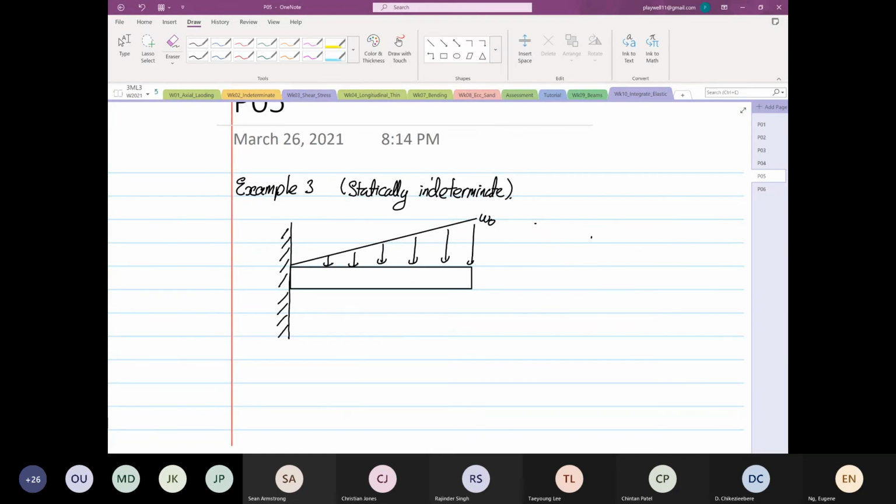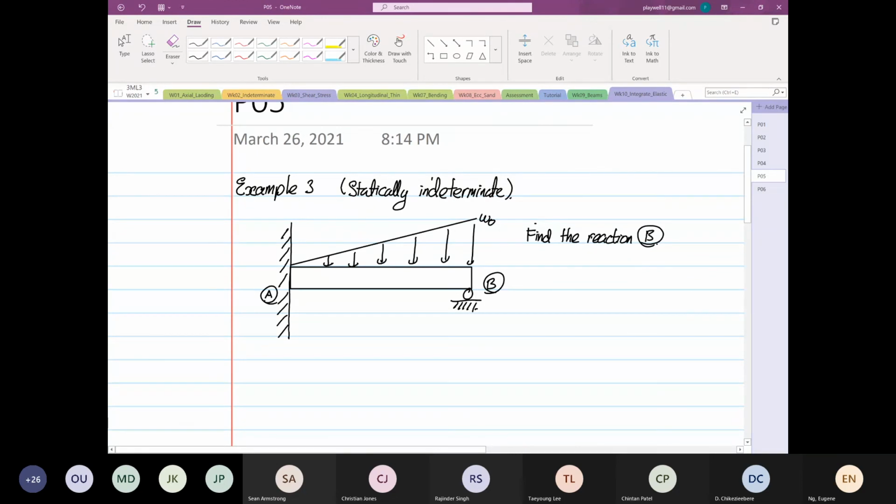Yes, you have seen this before. So this is our point A, point B. At point B, I have a roller support. So the question is: find the reaction at point B.